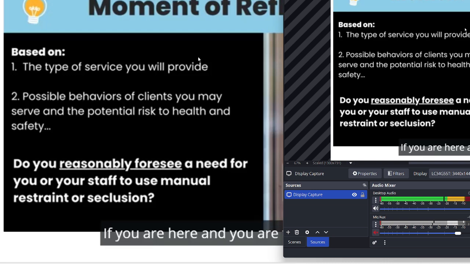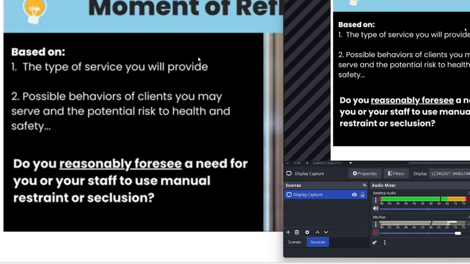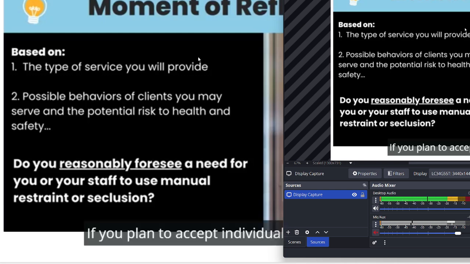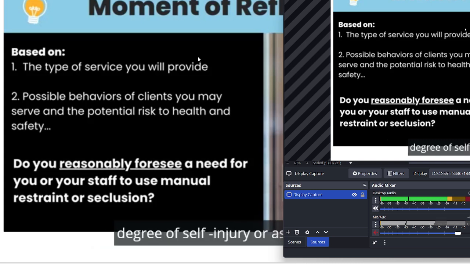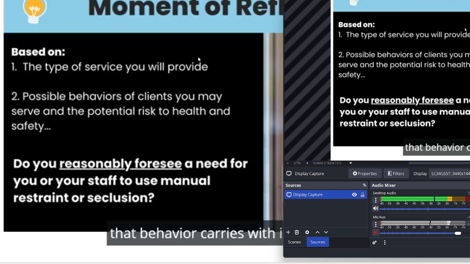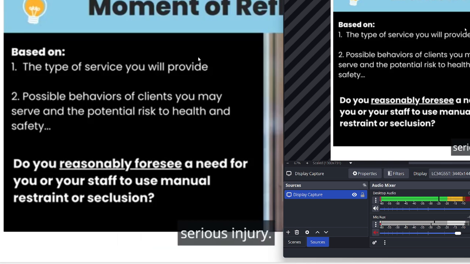If you are here and you are taking this presentation, the answer is most likely yes. If you plan to accept individuals with a high degree of self-injury or assaultive behavior, that behavior carries with it a risk of serious injury.